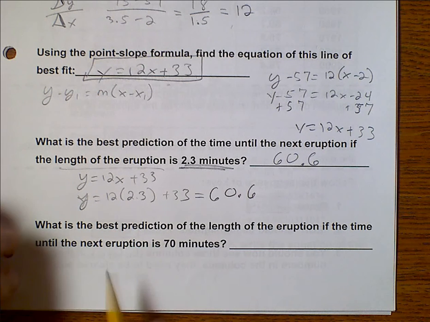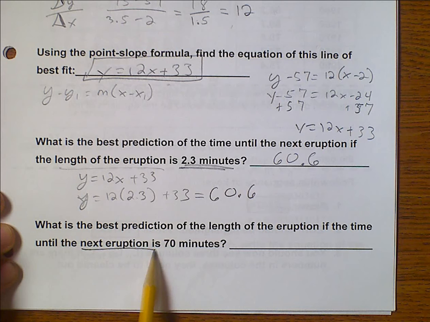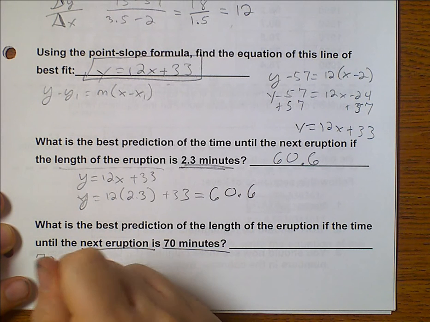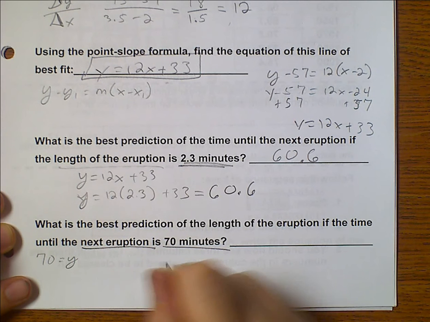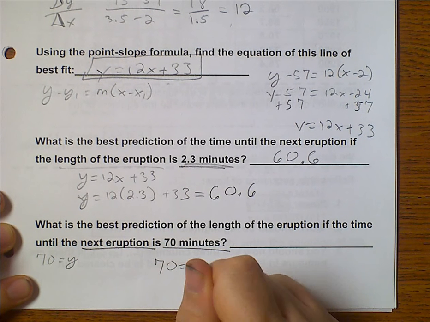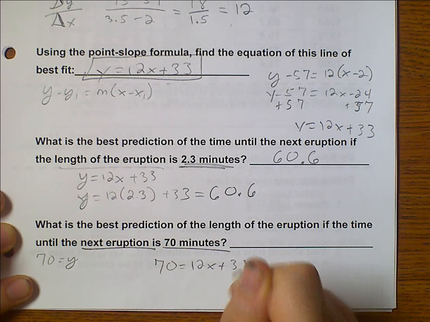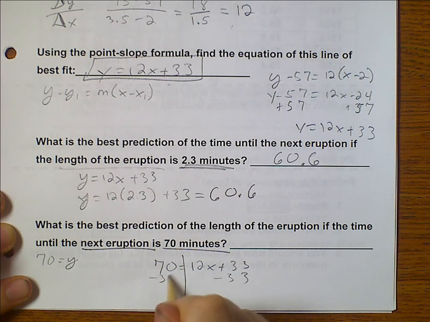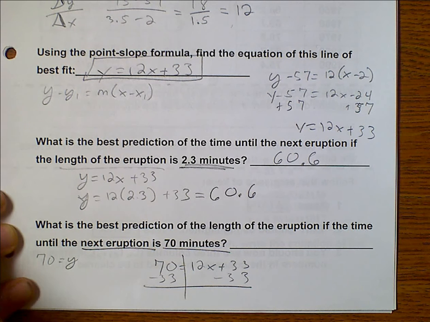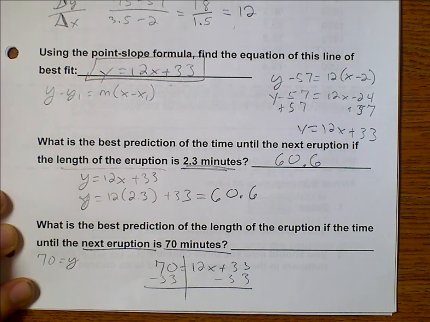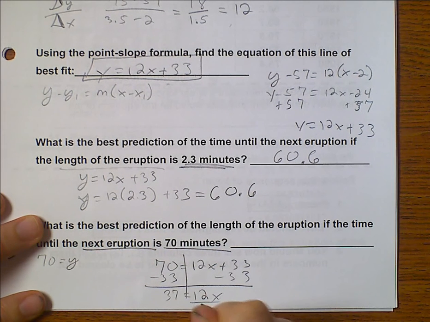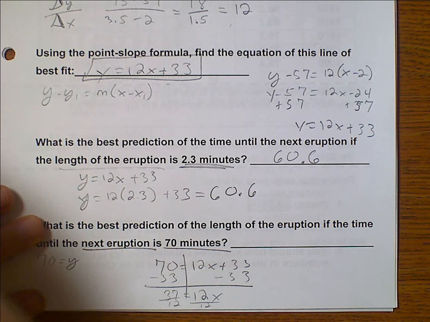Now here, the next eruption is 70 minutes. That's my y value. So I'm going to put in 70 equals 12x plus 33, and I need to solve for x. I start by subtracting 33. And I get 37 equals 12x. Divide both sides by 12.